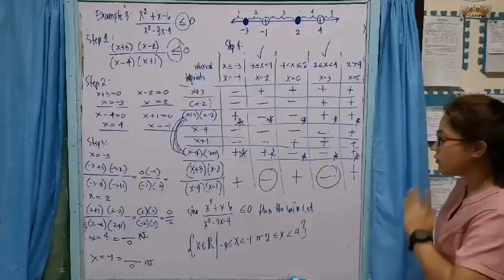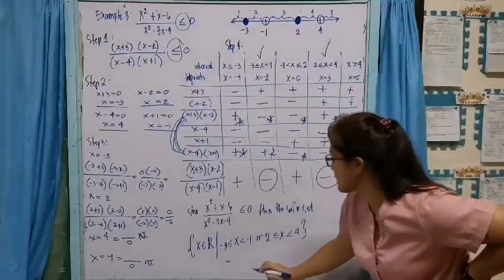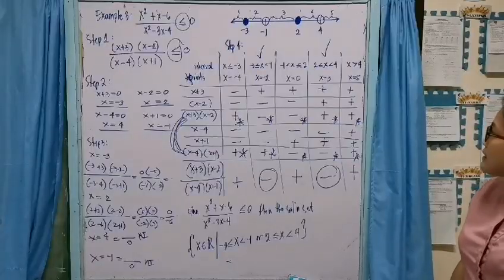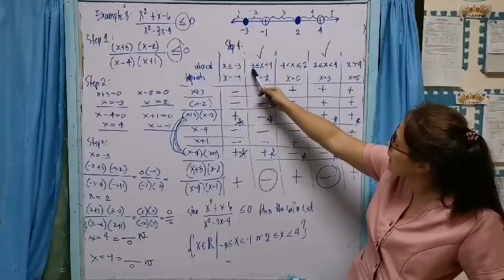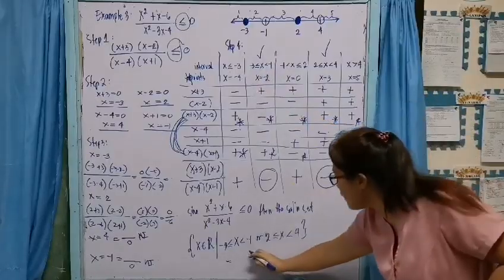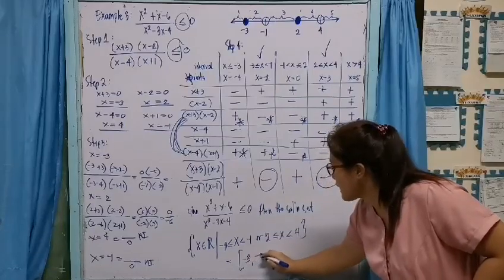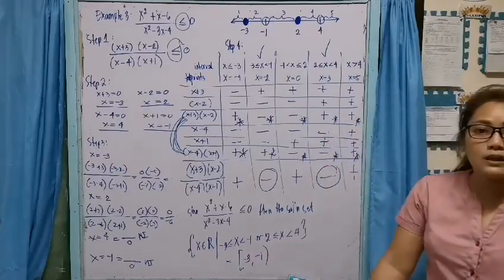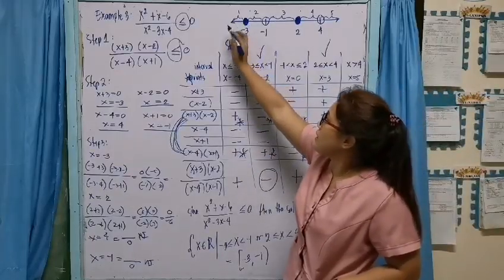Okay, so that's it. If we're going to have the solution set, negative 3 is included, but negative 1 is not included. We're not going to use negative infinity anymore because this one is not included.